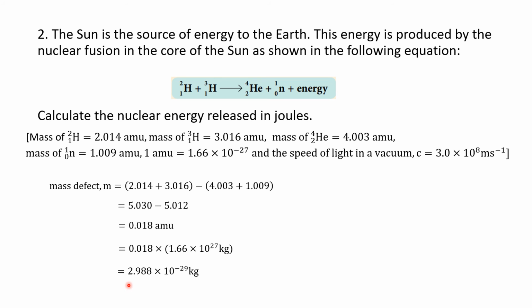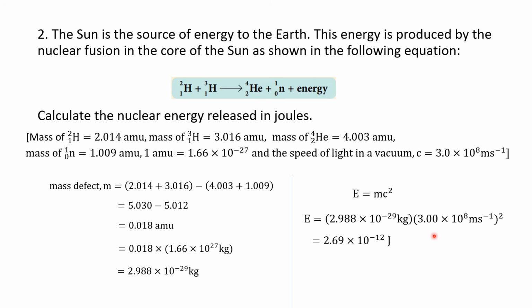So the mass defect is 2.988 times 10 to the power of negative 29 kilogram. And then decide the formula you want to use to get the answer, which is E equals mc squared, and substitute all the information needed and you get that E is equal to 2.69 times 10 to the power of negative 12 joule. So this is the answer.